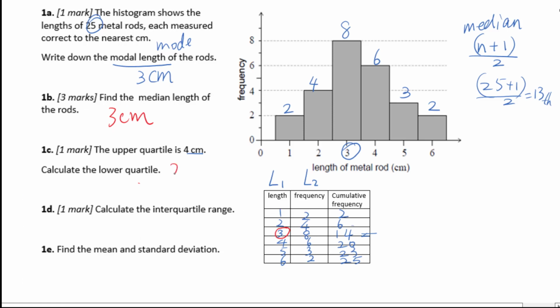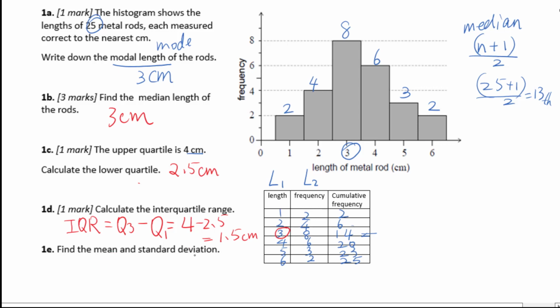So the lower quartile is 2.5 centimeters. Calculate the interquartile range. IQR equals Q3 minus Q1, which equals 4 minus 2.5 equals 1.5 centimeters.